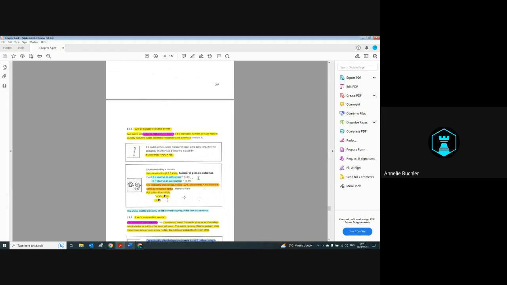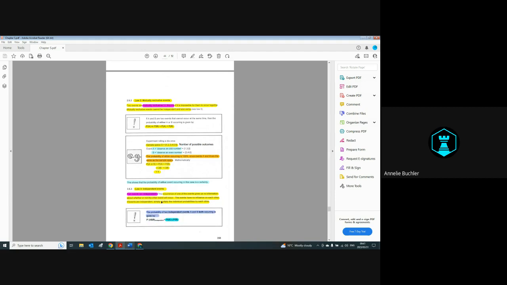Event A has 3 chances of throwing an odd number, and event B also has 3 chances of throwing an even number. So that equals 1. Each of them has 3 numbers. I will explain this to you better in the notes.